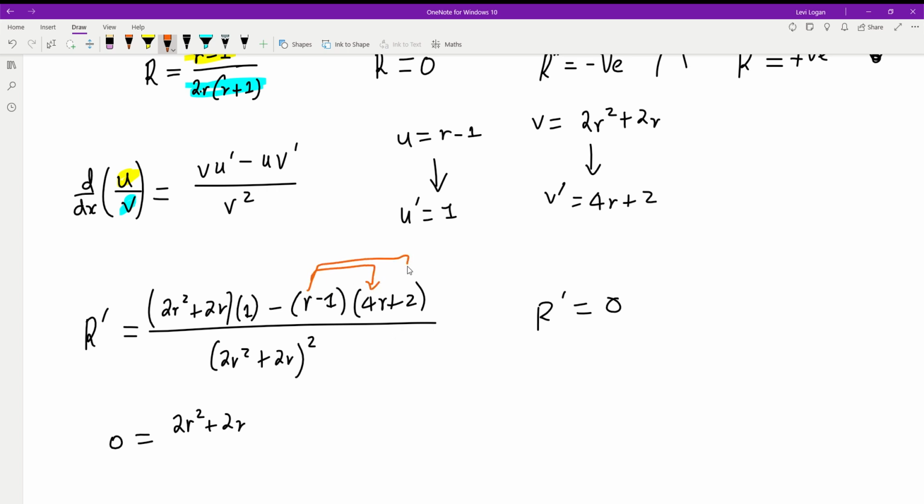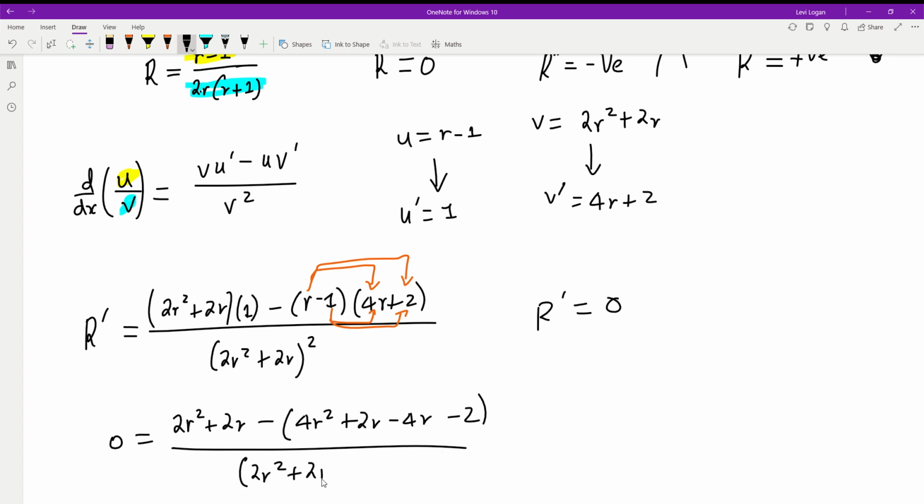We have r times that, times that, times that, and times that. So we're going to have minus, I'm going to put a bracket because I'm going to multiply all this. So it'd be 4r squared plus 2r minus 4r minus 2, all on all this squared still. Now mind you, the denominator is going to disappear because I could multiply both sides by it and it would just vanish.